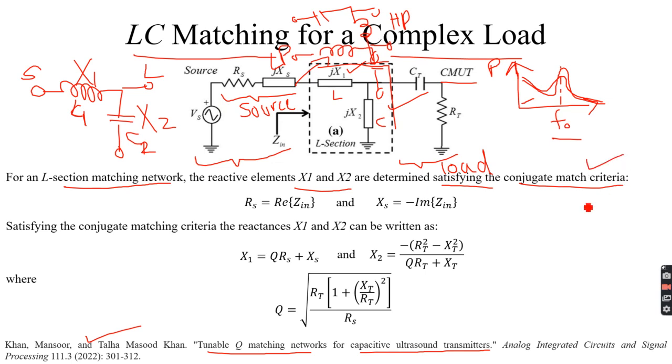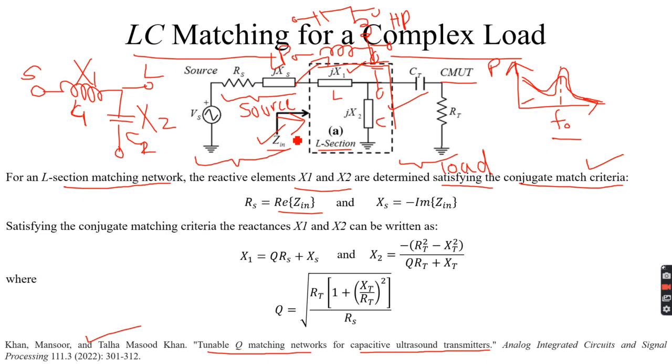What this criteria says is that, in order to have a perfect matching, the load impedance should match the source impedance. In other words, the real part of Zin, the input impedance seen looking into the L matching section, so you're looking from the matching section.